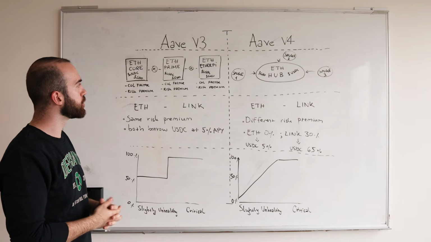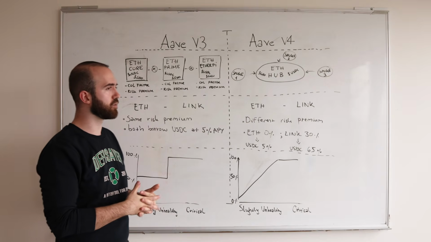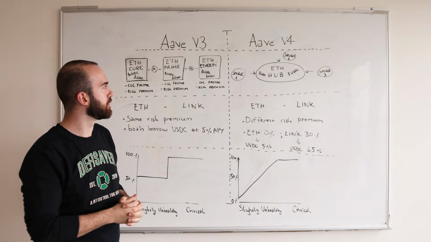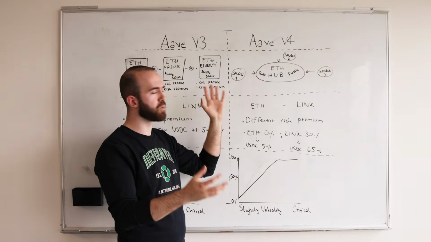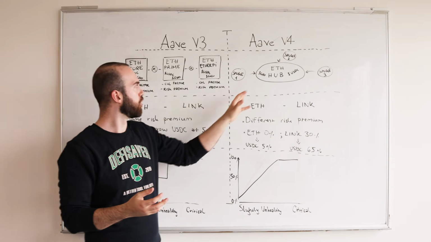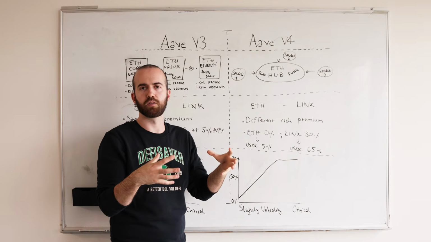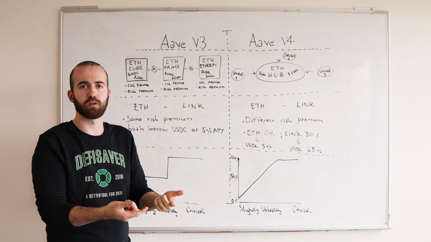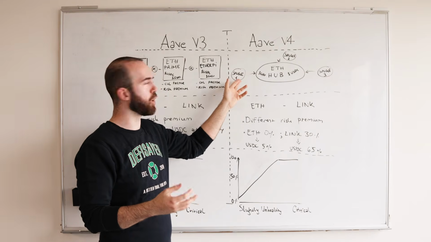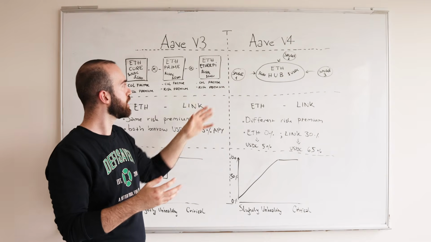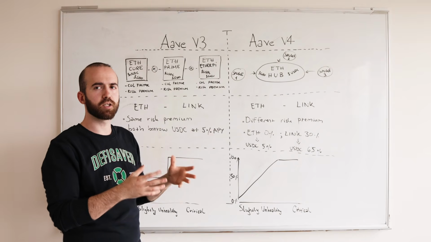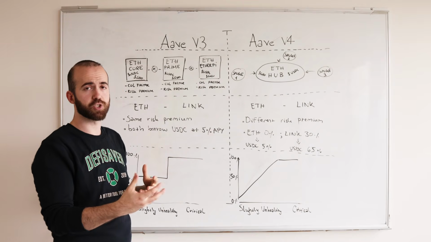Now, from a user perspective, the thing to keep in mind is that as more and more Aave V4 frontends open up, everybody's going to be tackling the hub and spoke system differently. And all you need to know is that the hub holds the liquidity. You're able to lend your funds to the hub, but in reality, you're interacting with the spokes, because that's where different types of assets are going to be located, and each spoke has a different strategy associated with it.